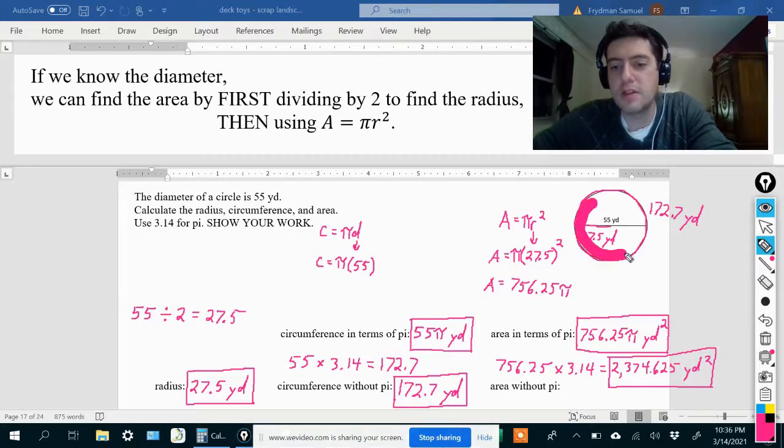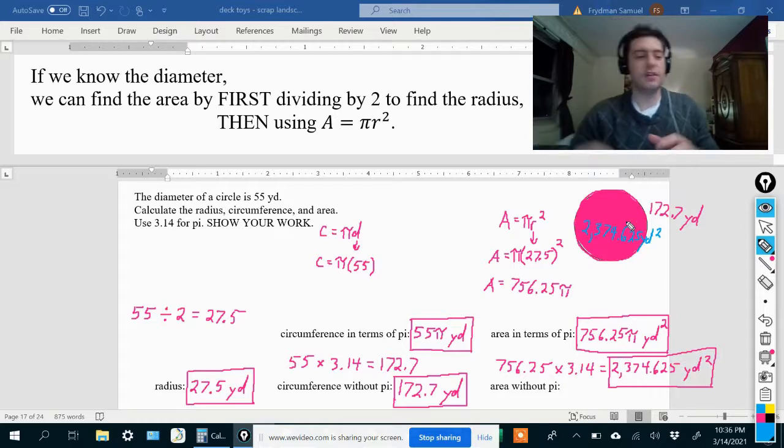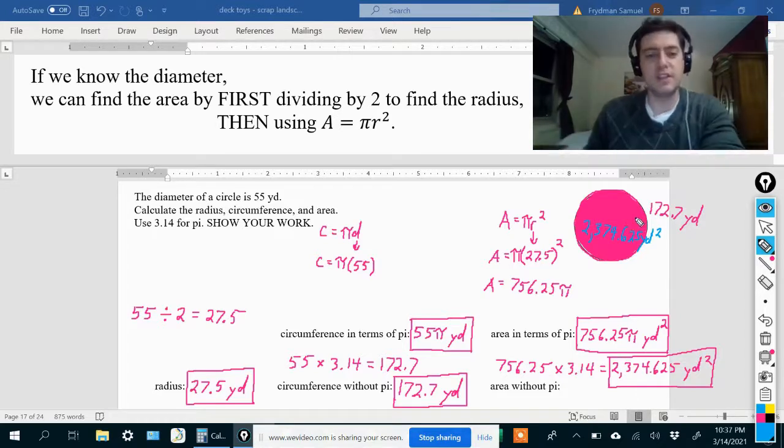So the area is the space inside, measured in square yards, or whatever units we're using, square centimeters, square inches, whatever it is. In this problem, it's square yards. So the area over here was 2,374.625 square yards. You don't have to write all of that and shade it in and everything for the activity. I just like doing that to remind everybody what these things are.